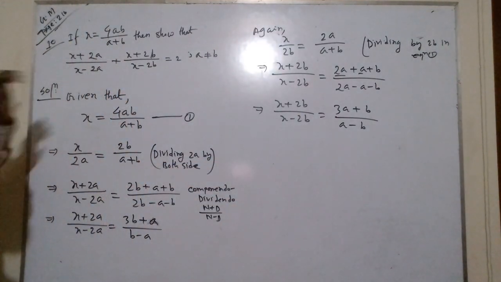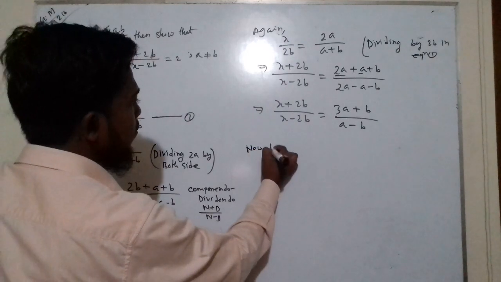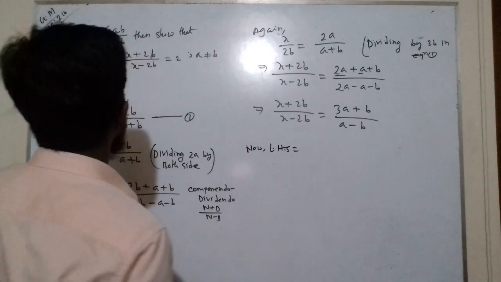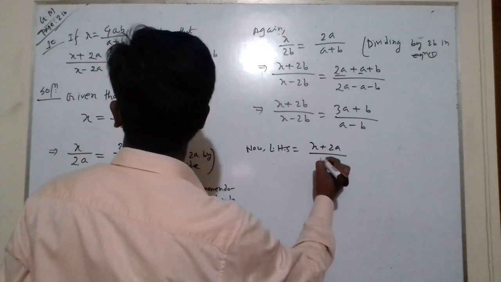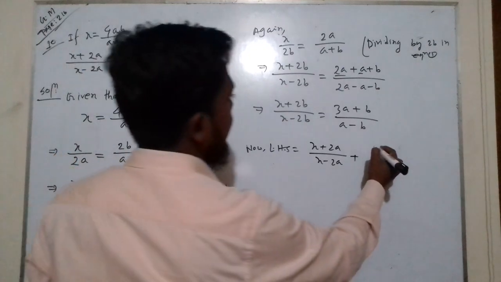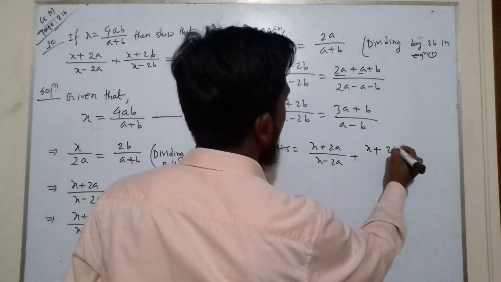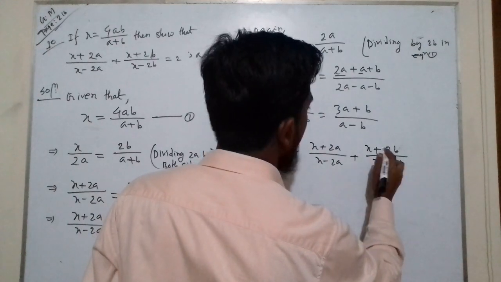Now left hand side, x plus 2a divided by x minus 2a plus x plus 2b divided by x minus 2b.